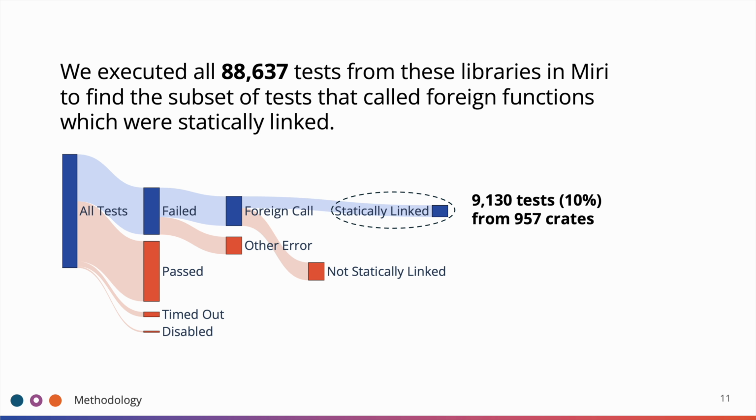The way that our combined tool works is that MIRI controls the state of execution, as well as all operations for accessing memory. It communicates with LLI across the foreign function interface, since LLI is implemented in C++.